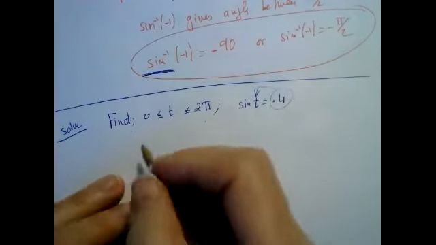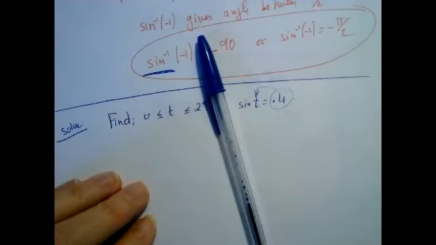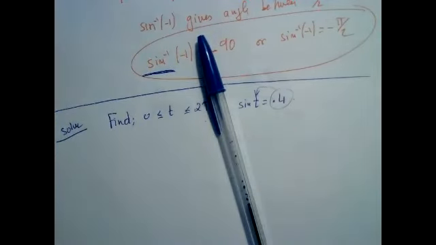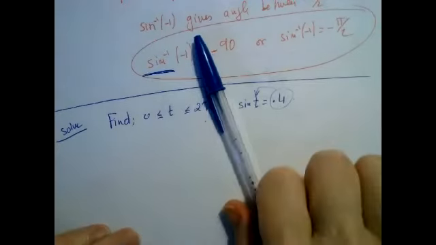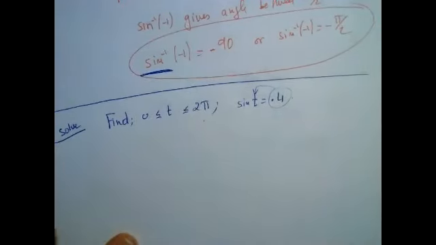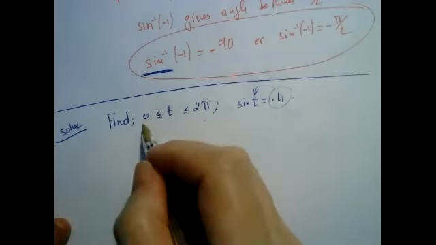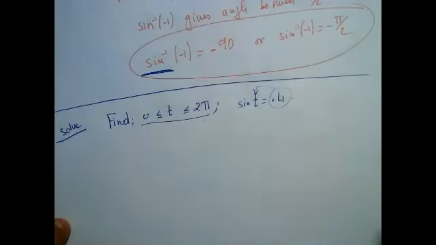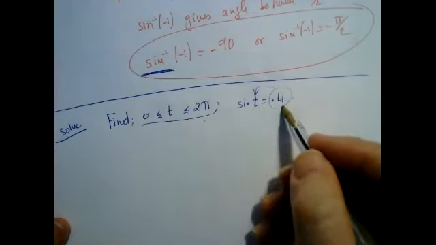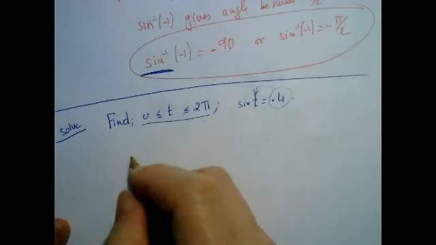Okay, I'm going to give you 2 minutes to do that. Start putting your answers on Brightspace, on chat, to see if you're getting it. I want all the angles from 0 to 2 pi. When you find their sine, you get 0.4. Give me these angles.